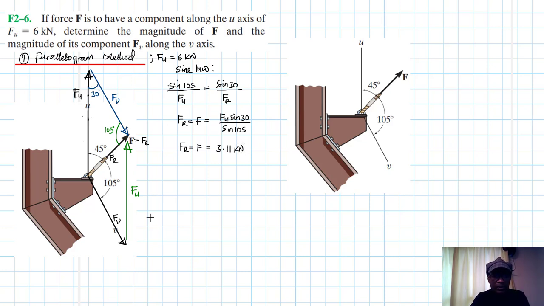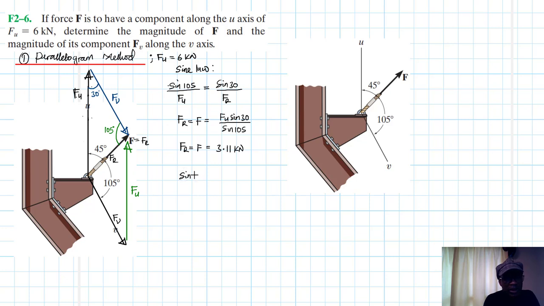Let's work it out again: 6 times sine 30 divided by sine 105.